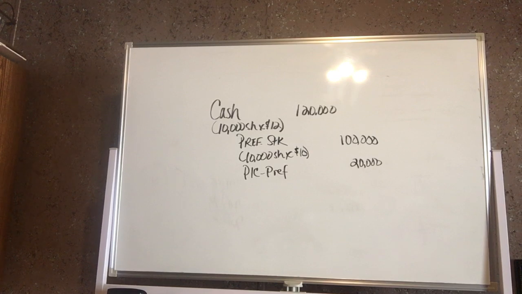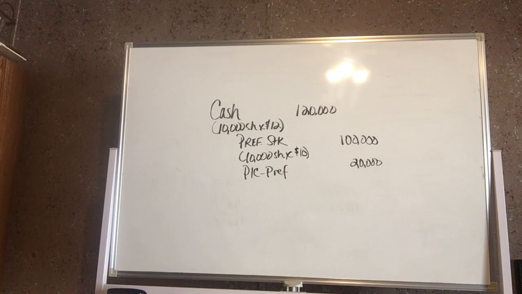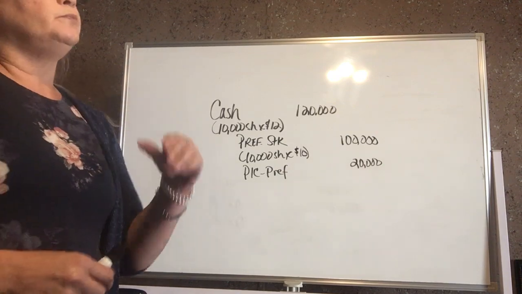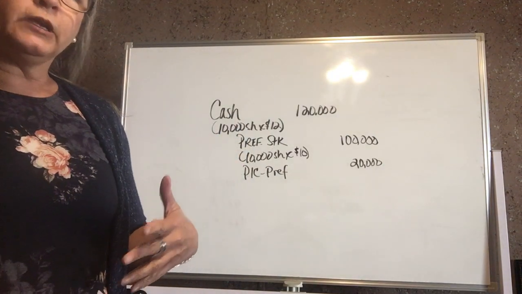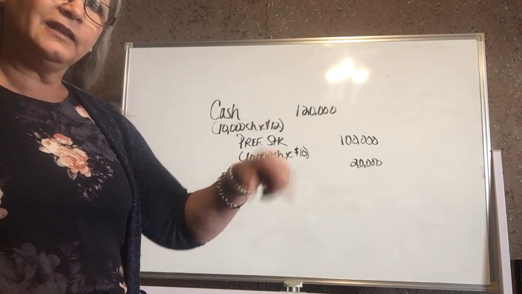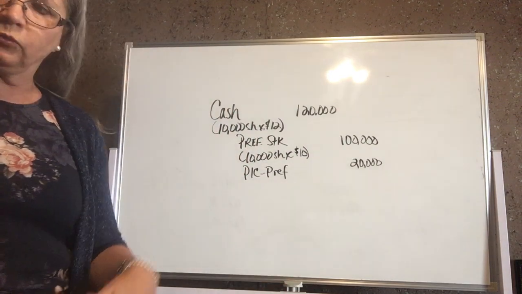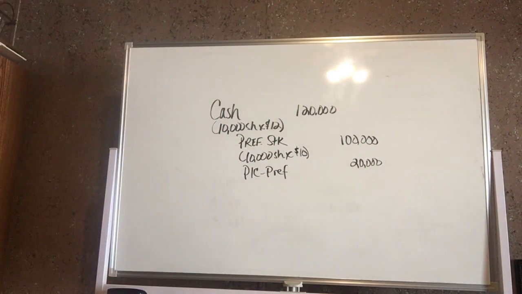Also know for the test that treasury stock is reported in the financial statements of a corporation as a deduction from total paid-in capital and retained earnings. We're going to see a financial statement here in a few minutes. But it's a subtraction because that section of the balance sheet wants to be a credit, and treasury stock wants to be a debit. So it's going to be a subtraction. We'll show you how that sets up here in a second.